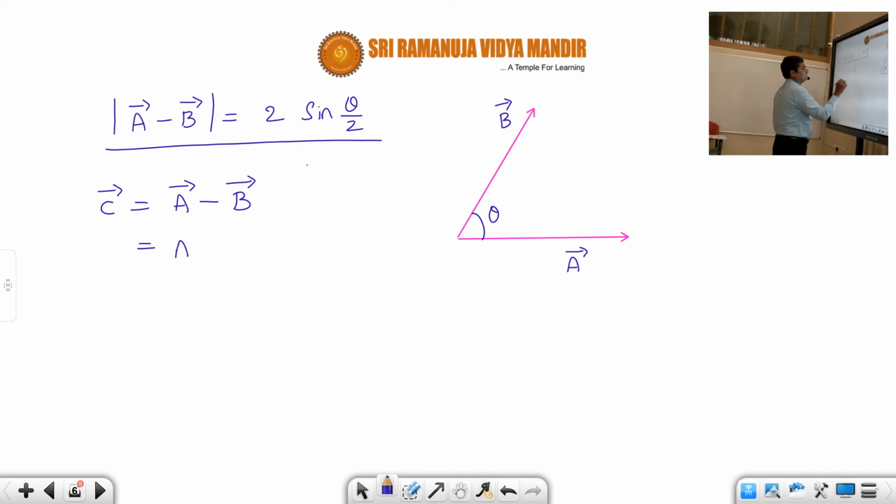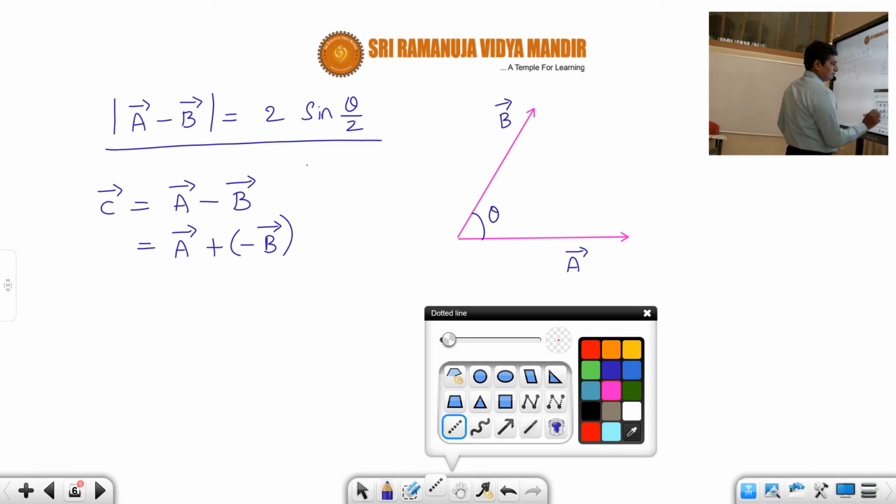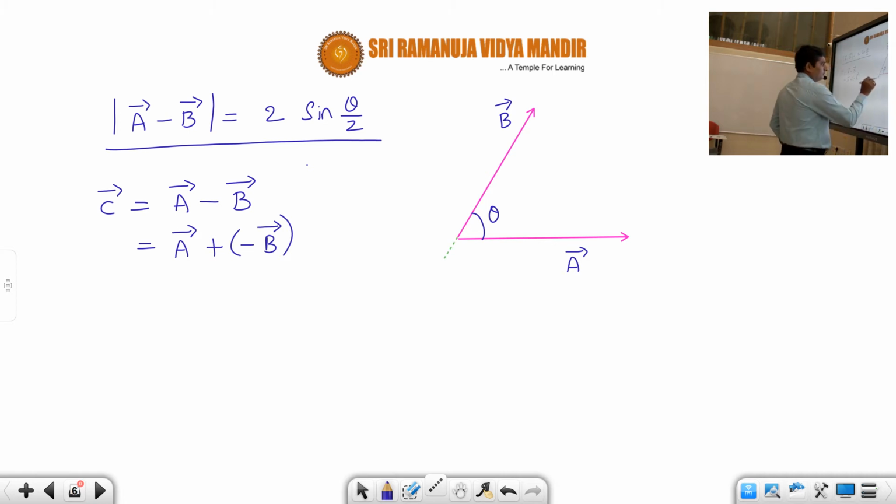Now whenever subtraction is there, we should always take it as A plus of minus B bar, students. So basically what we have to do is reverse the B vector, like this.